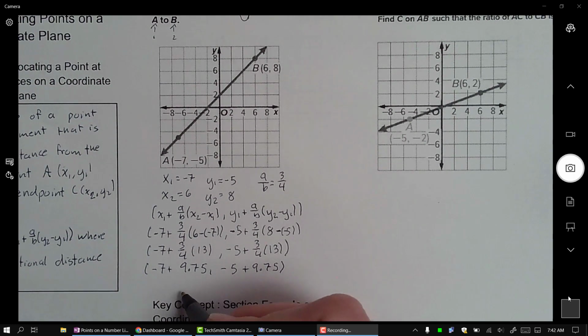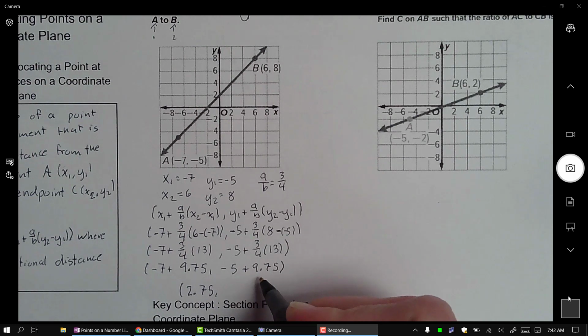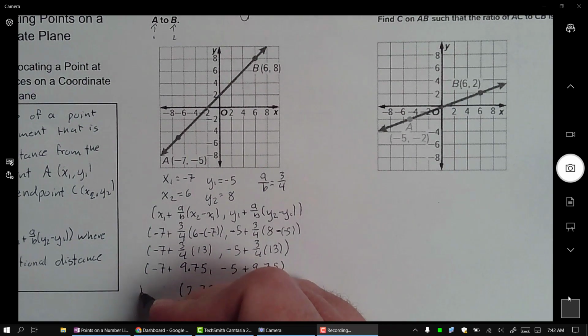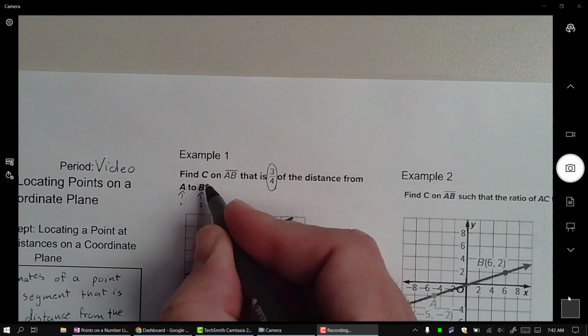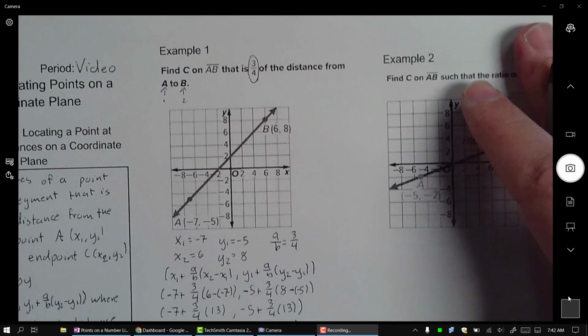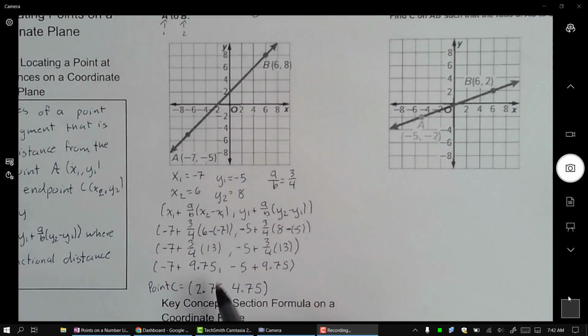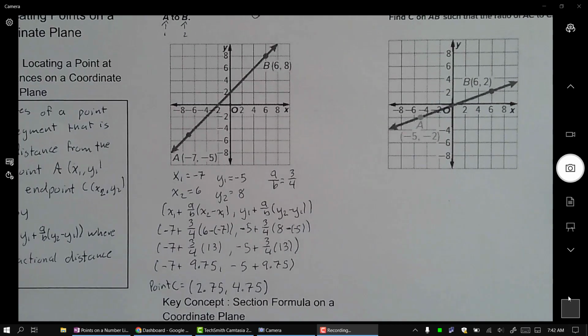Negative 7 plus 9.75 is 2.75. Negative 5 plus 9.75 is going to be 4.75. So point C, which came from here, find C, is 3/4 of the distance between A and B, and it's going to be located at this point, 2.75 and 4.75.